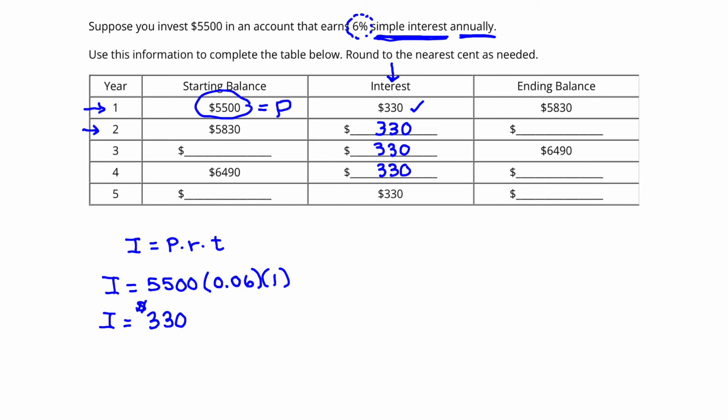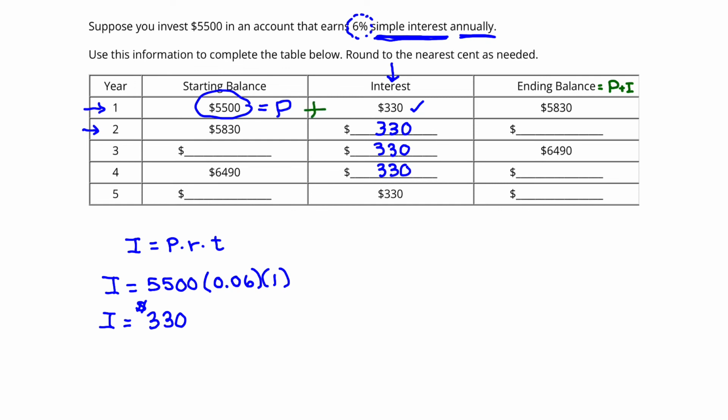Now, how do we get that ending balance? In our third column, it says ending balance. So at the end of the first year, what are we doing? To get the ending balance, we're saying, okay, we're going to take our principal and we're going to add to it the interest we earn throughout the year. And that's going to tell us what our ending balance is for the account.